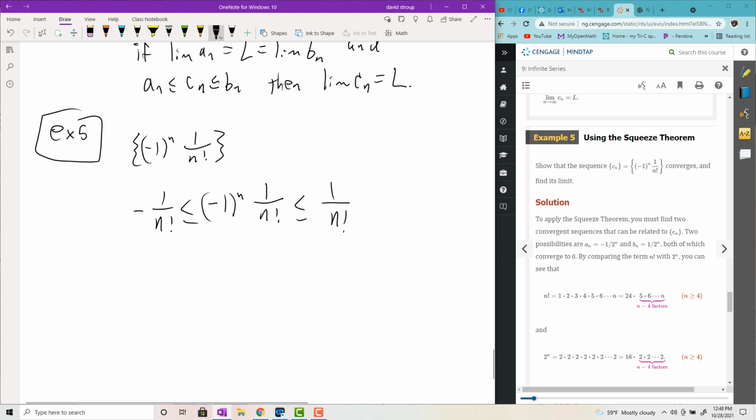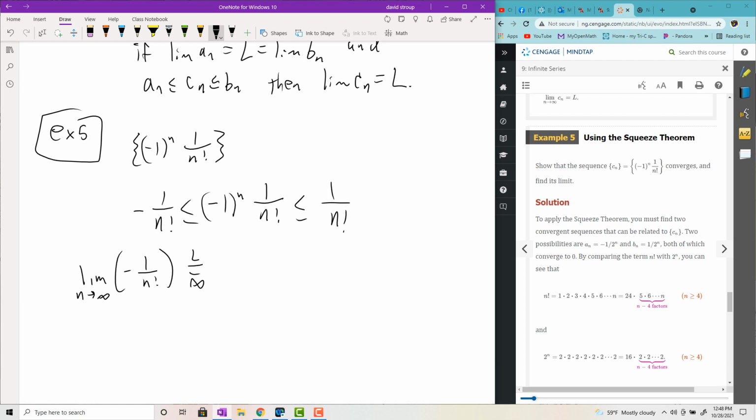Okay, you look at the limit on the left here, the limit of -1 over n factorial as n goes to infinity. That is just L over infinity. Even if that numerator is negative, it doesn't really affect the end behavior. It just means it's going to come in from a different direction.